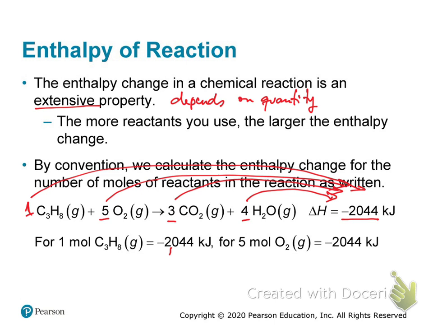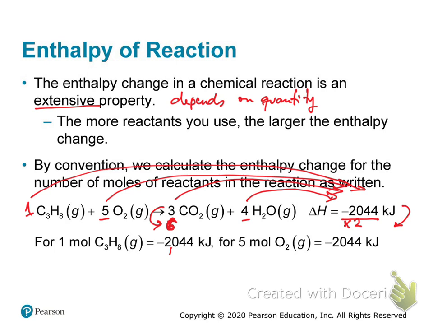So if I have 6 moles of CO2 being produced, I know that the quantity of energy that is being produced is this number times 2. Why? Because 6 is 2 times 3. So the energy produced is 2 times the referential energy, which is 2,044 kilojoules.